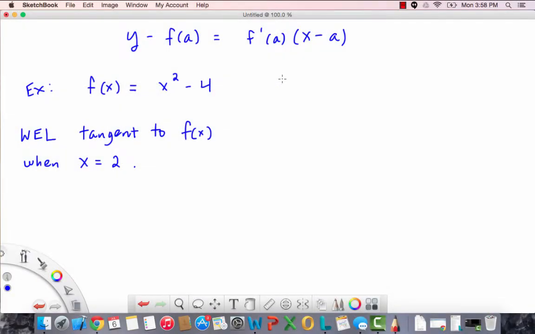Okay, so I put the result at the top. This is the point slope form of the tangent line at A, f of A.